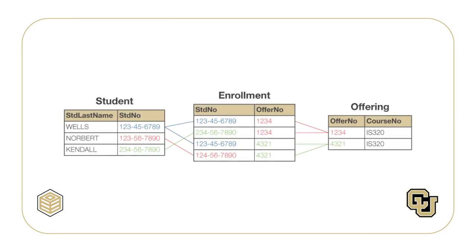This graphical depiction only works on small sample tables as the arrows cross and become difficult to follow with more rows. In the graphical depiction, you should see that the first student row, 123-45-6789, is related to the first and third enrollment rows. Likewise, the first offering row, 1234, matches to the first 2 enrollment rows.